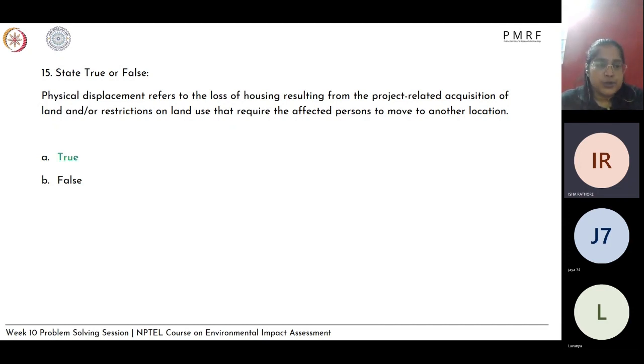Okay, so this statement is also true. Physical displacement refers to the loss of housing resulting from project-related acquisition of land and restrictions on land use that require the affected persons to move to another location. So the correct answer is A, that is the statement is true.